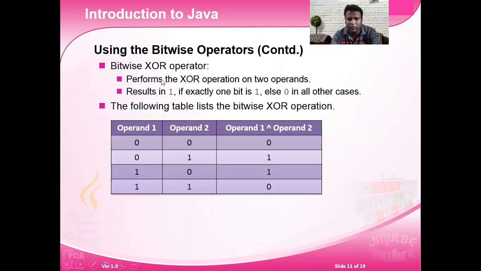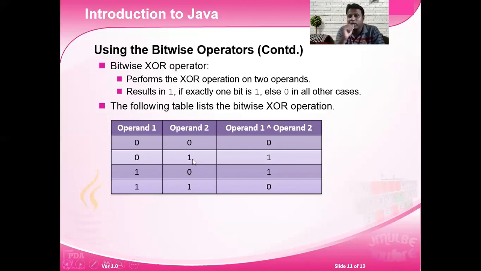Then the XOR operator. It performs the XOR operation on the two operands. It results in 1 if exactly 1 bit is 1, or else 0 in all other cases. Means 0 0 is 0, 0 1 is 1.